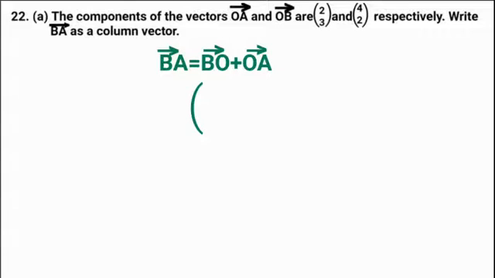Once we've done this, the next thing we're going to do is open a bracket. Then let's focus on this column vector, the one I've circled there, which is 4, 2.